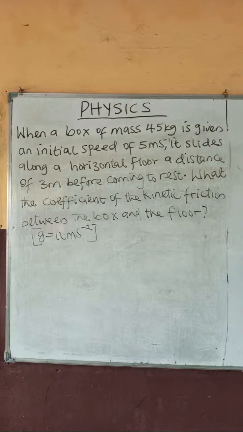Addison, you got 0.416. Then you got 0.9. Joseph, you got 0.6.